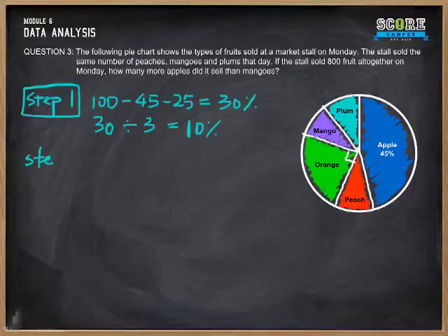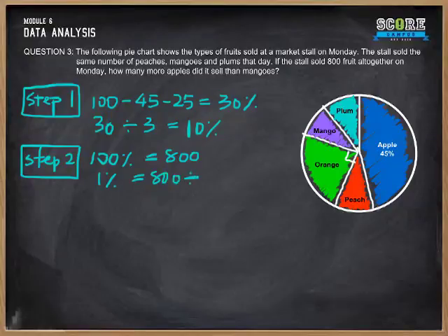Step 2. Total number of fruits sold on Monday were 800. So 100% or one whole equals 800. If 100% equals 800, what is 1%? 1% equals 800 divided by 100 equals 8. So 1 unit is 8 or 1% is 8.